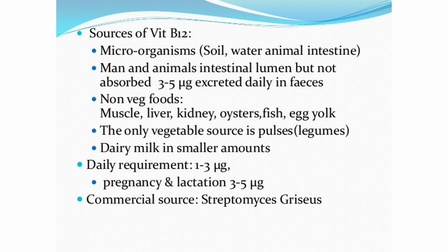The only vegetable source of vitamin B12 is pulses, legumes. Dairy milk also has it in smaller amounts. The daily requirement of B12 is 1 to 3 microgram, which increases in pregnancy and lactation.